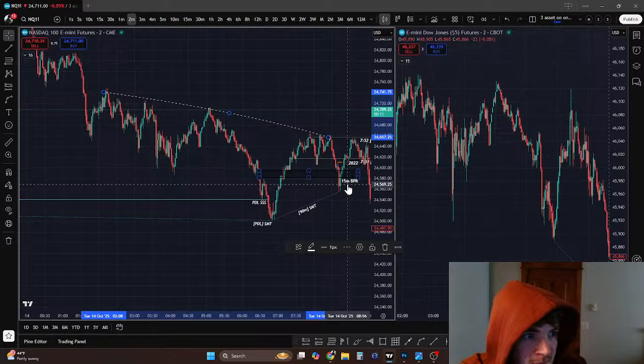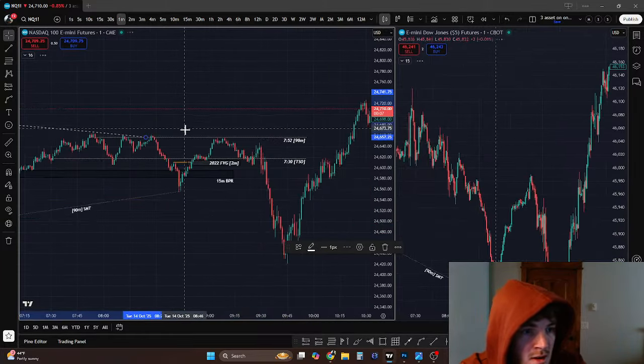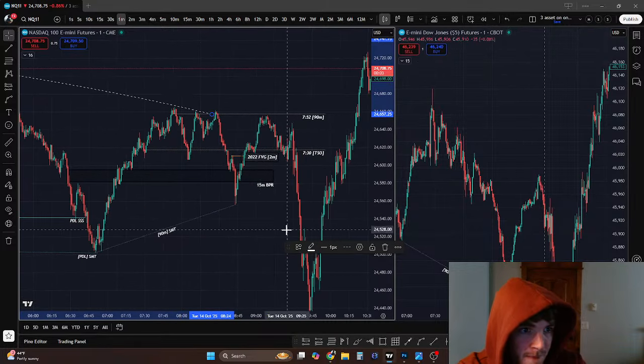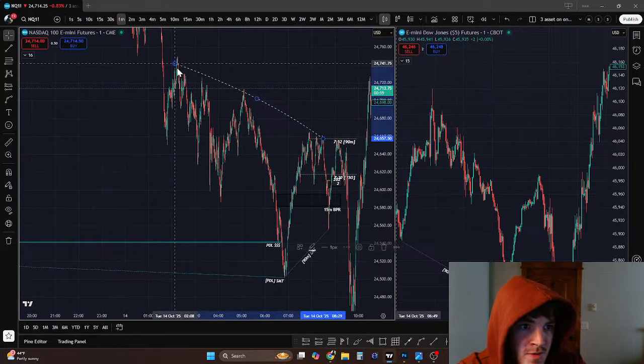This was going into the macro as well. A lot of things to like about it. So all this was low resistance.